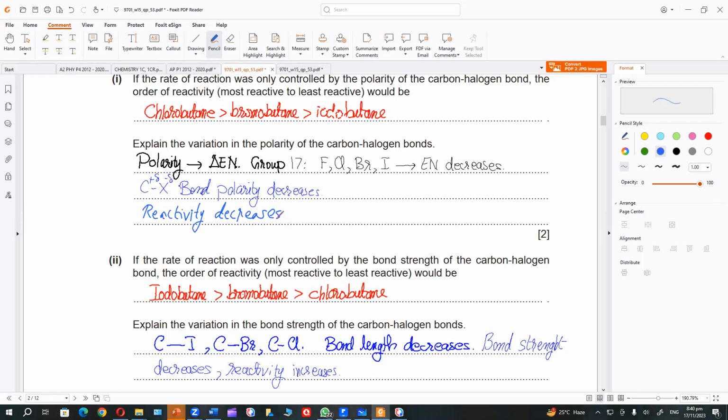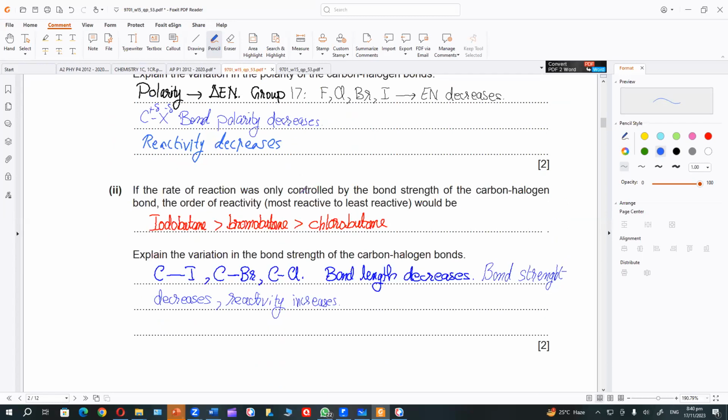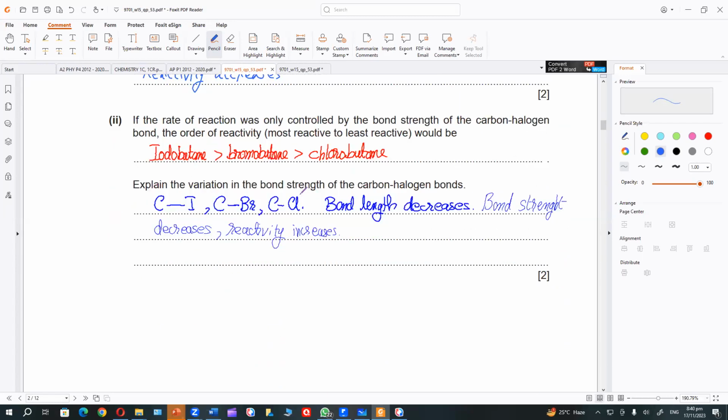Because the polarity decreases. Here the reactivity increases, the bond becomes weak. Weaker bonds can be broken easily.